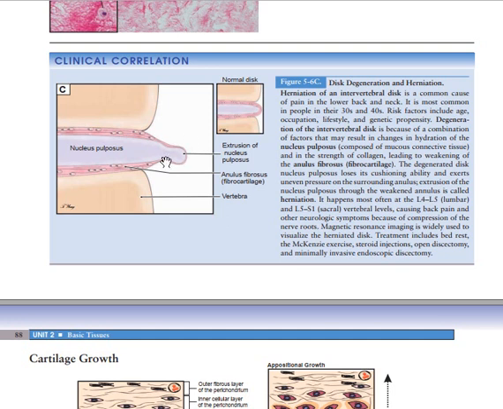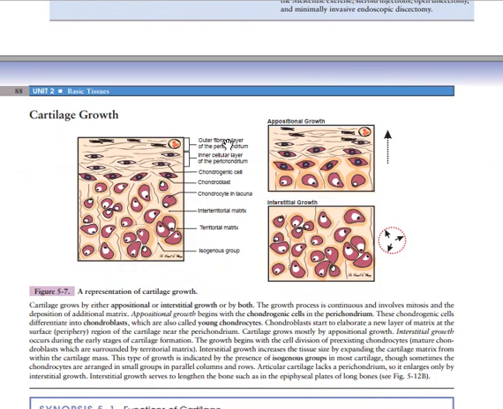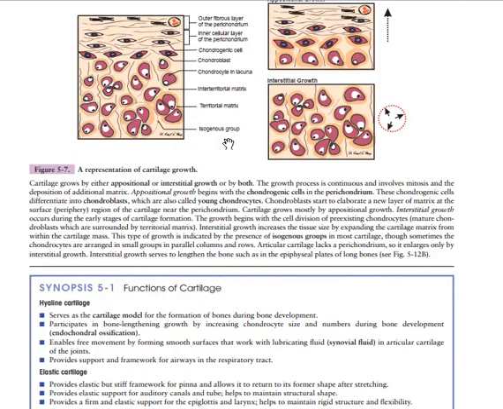But when you do a histologic view of that disc, you are going to see that it is degenerated: you have loss of type 2 collagen, loss of type 1 collagen, and more chondrocytes lying free inside the matrix, and an increased matrix also.